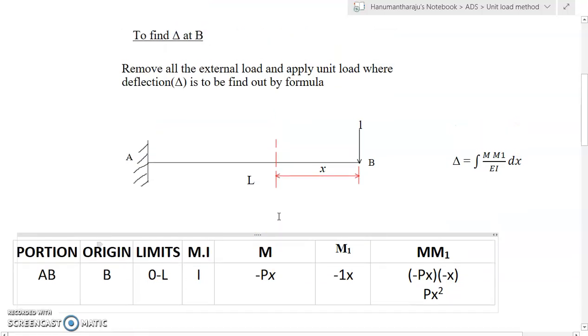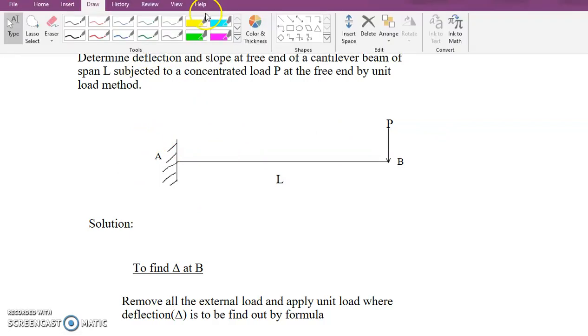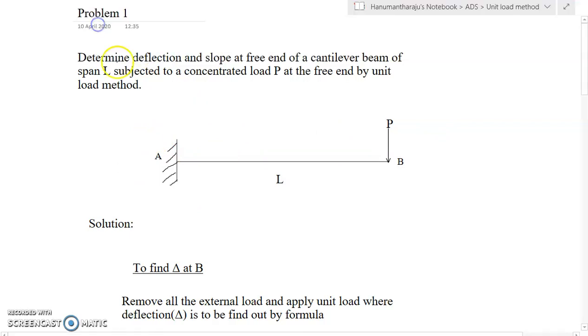This can be arrived from this external load diagram, where you need to take a section in the span AB or portion AB. You take a section in the portion AB at a distance x from the origin.